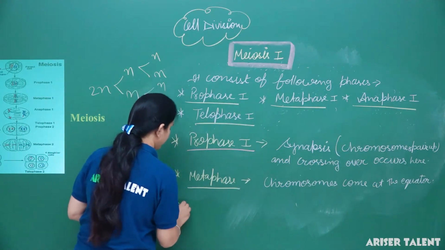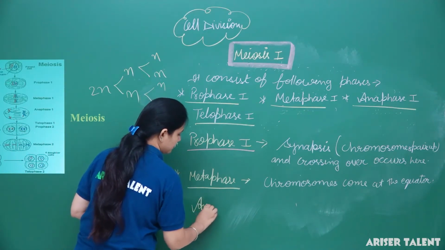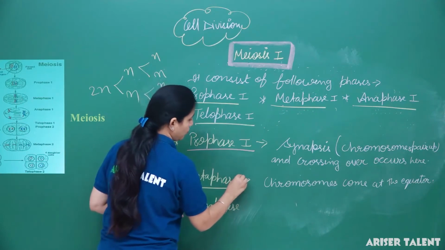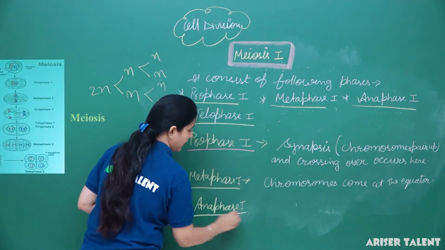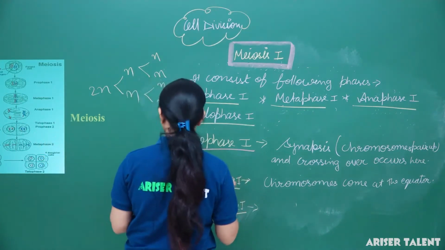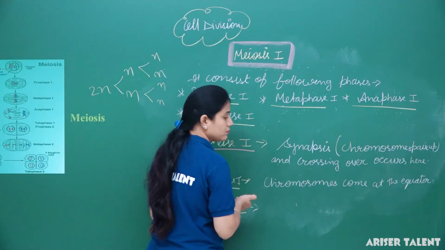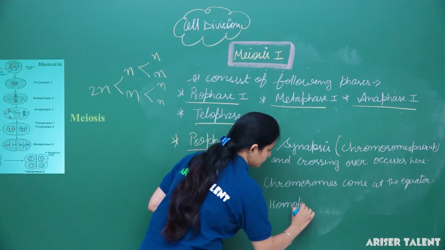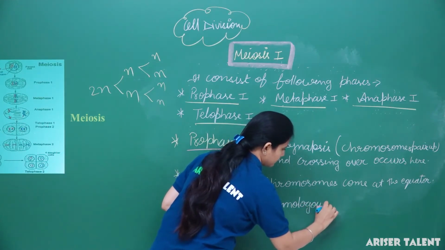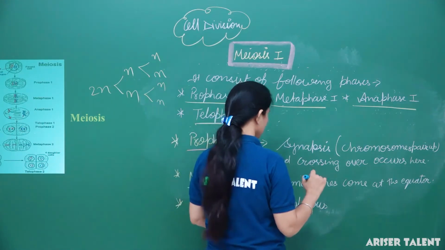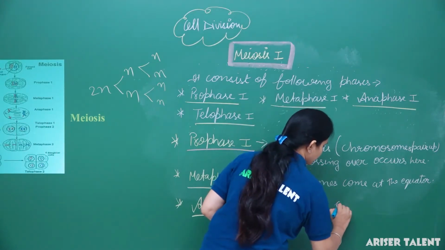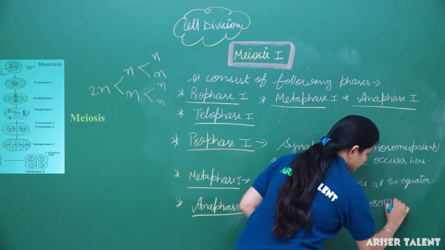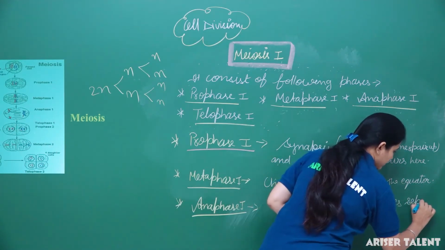Next is anaphase, first anaphase 1. What happens in anaphase 1? Homologous chromosomes separate.